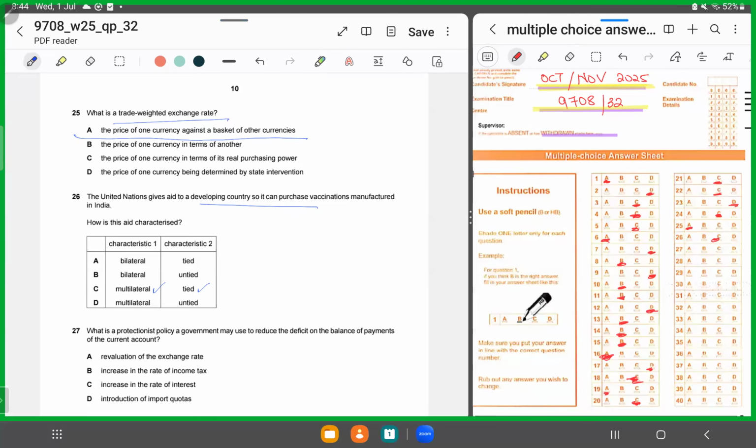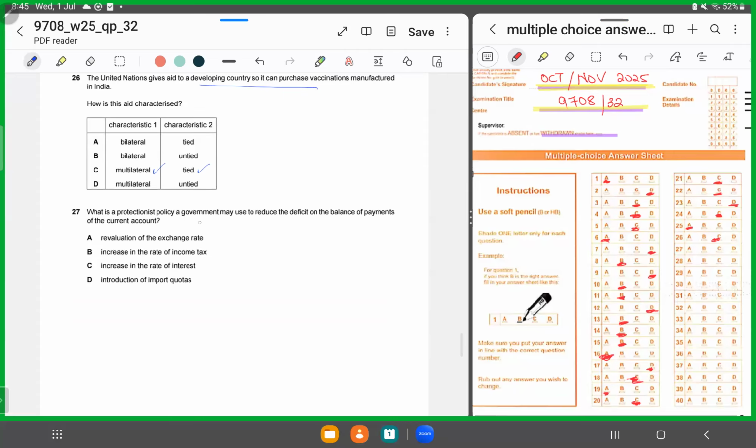Moving forward, MCQ number 27. Protectionist policy a government might use to reduce the deficit on its BOP. A protectionist policy is when a government is trying to protect its home producers. Look at the options: revaluation, increase in the rate of income tax, increase in the interest rate.